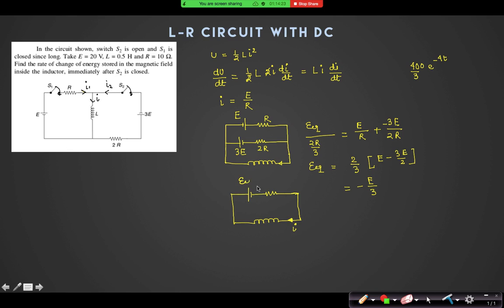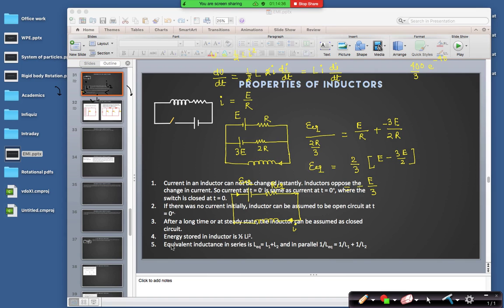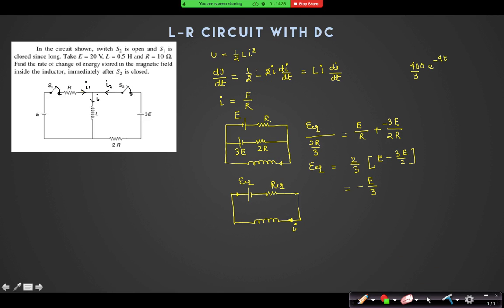This is E equivalent. This is R equivalent. Now can I say that this equivalent should carry the same current I? Yes or no? Because now there is only one circuit. So this equivalent should carry the same current I.